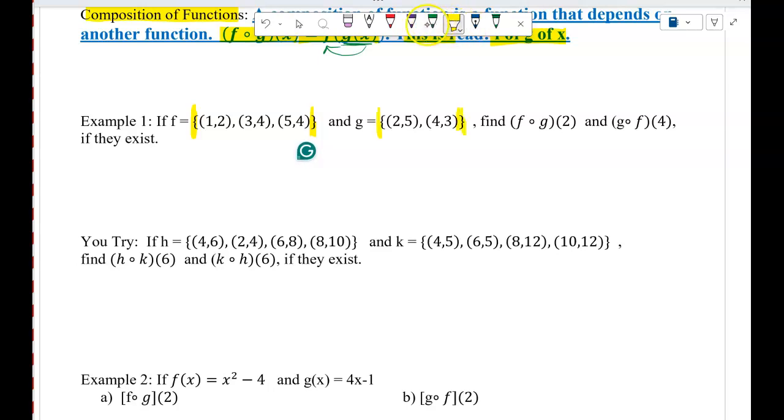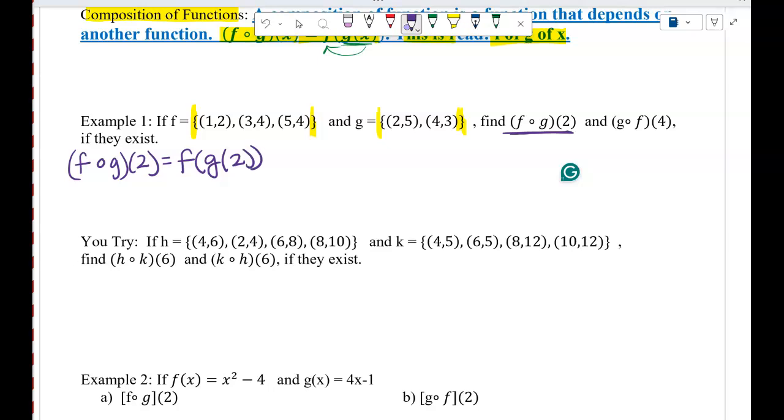Now, this one says find f bubble g of 2. We don't read it as a bubble. We read it as f of g of 2, so we can rewrite it in this way.